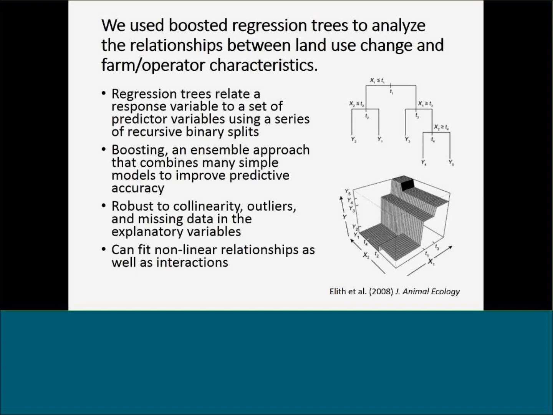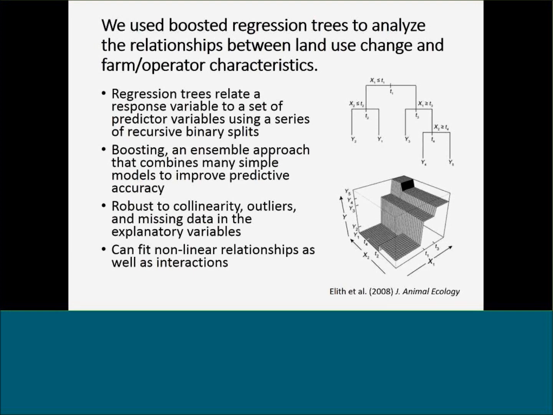I'm not going to go into the gory details, but essentially it combines a regression tree, which is a way of fitting a model based on binary splits in terms of, say, continuous parameter values. And then it combines it with an ensemble approach called boosting that combines multiple trees in a way that helps to improve prediction accuracy and also reduce the risk of overfitting.